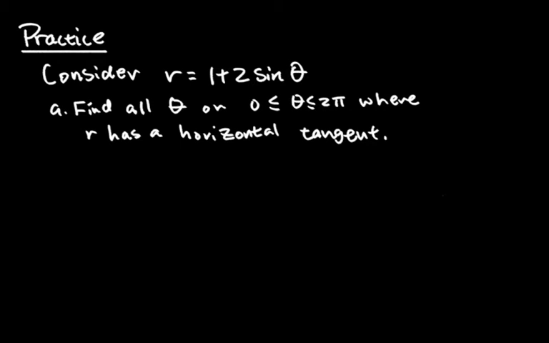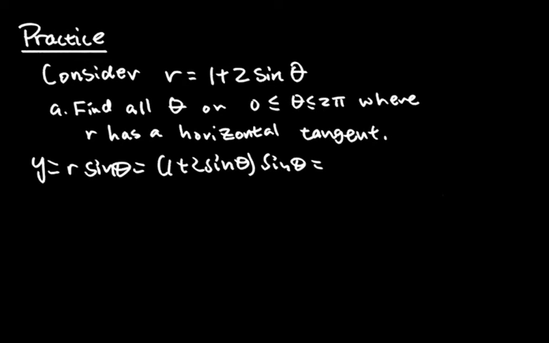Okay, so we need dy dx. For that, we also need y and x. So let's just get y and x first. Y is r sine theta. So that's 1 plus 2 sine theta times sine theta, which is going to give us sine theta plus 2 sine squared theta.